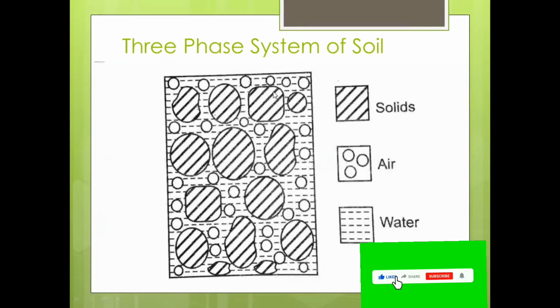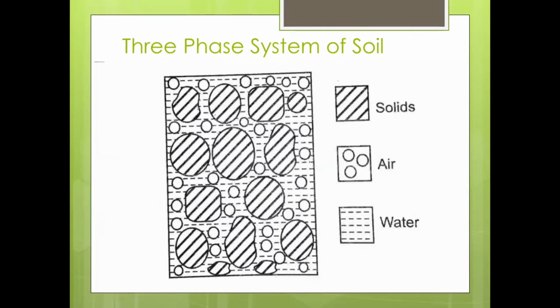horizontal dash lines. Okay, so actually a soil is constituted by solid soil grains, air, and then water. Water can be treated as moisture also.